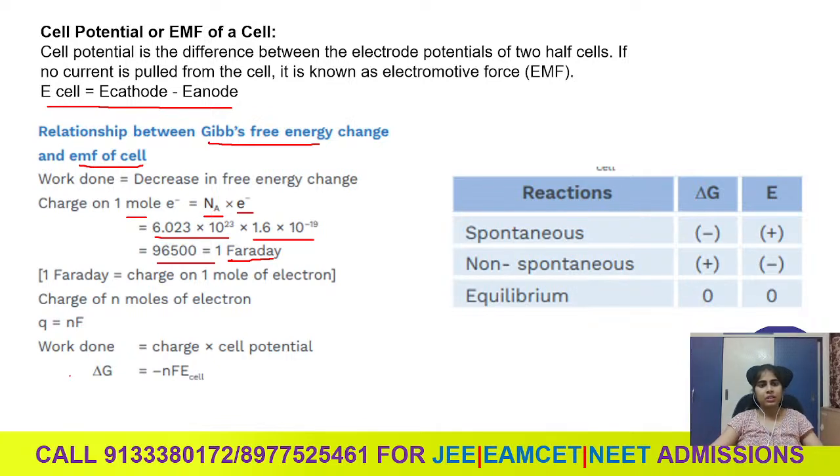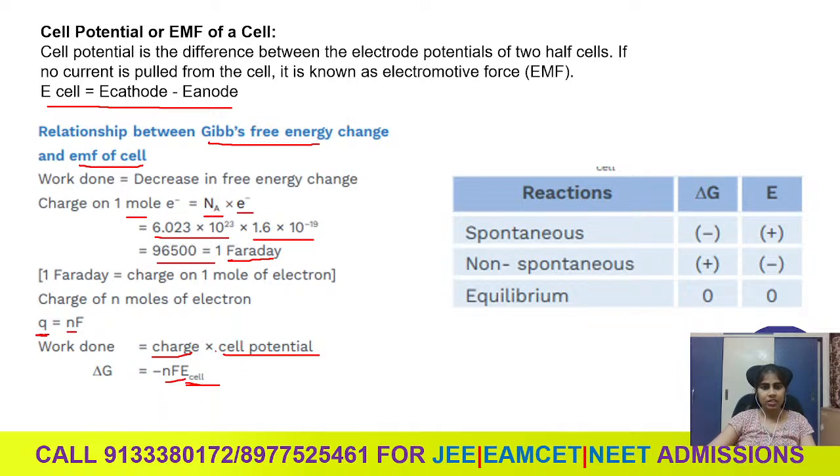Here is how they are interlinked with the Gibbs free energy. The charge of n moles of electrons, charge denoted by Q, is n moles multiplied by the number of Faradays. So Q is equal to n into F. The work done is equal to the charge into potential. The charge we got here, n into F, and E cell, the cell potential.